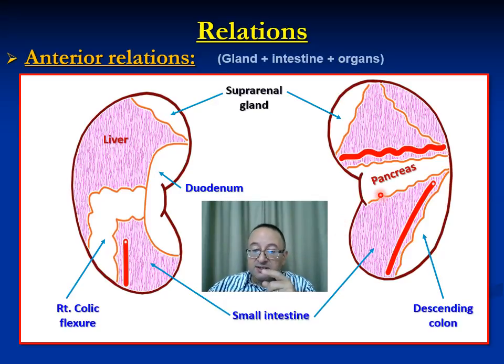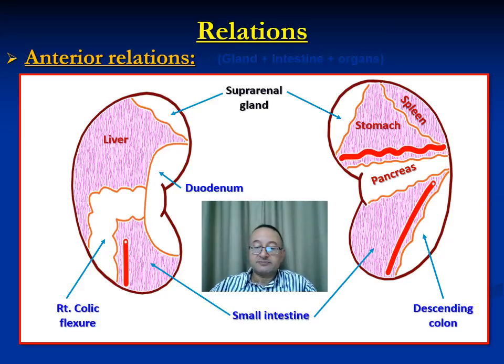When we hear pancreas, its upper border is related to the splenic artery. The splenic artery reaches what? Yes, the spleen. What about this triangular area? As you know, the stomach lies on the left side. So this remaining part is related to the stomach.